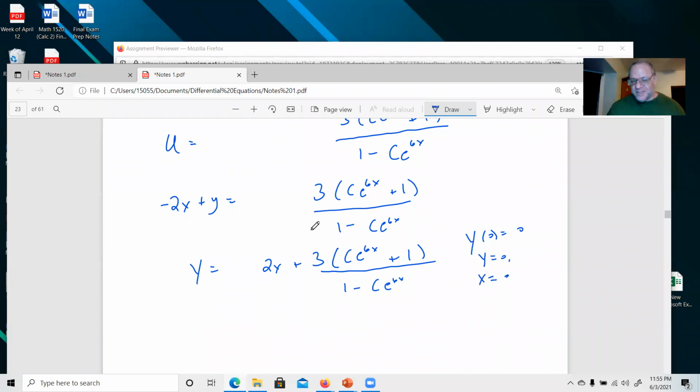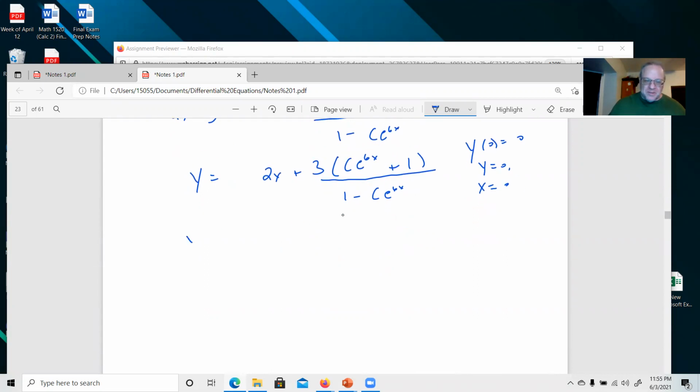So let's plug in when x equals 0. So y is equal to 0 plus 3 times c e to the 6 times 0. That's just going to be 1, plus 3, isn't it? Okay, and then here we have 1 minus, again, c. And this, by the way, is equal to 0.